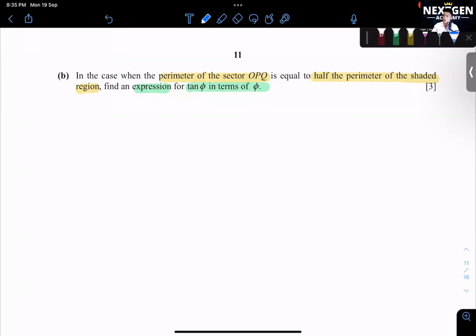Okay, the working for this second one, you can just follow the answer sheet. Arc length PQ will be equal to r theta, so 2 phi A. Therefore, if you refer to the diagram, the perimeter of OPQ will be 2A plus 2A phi.